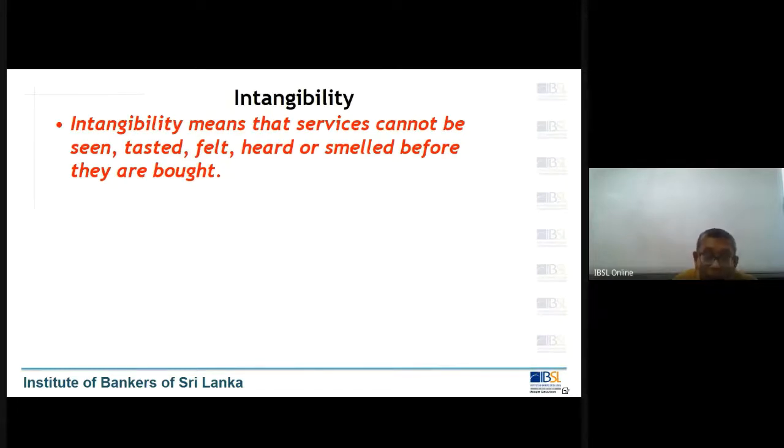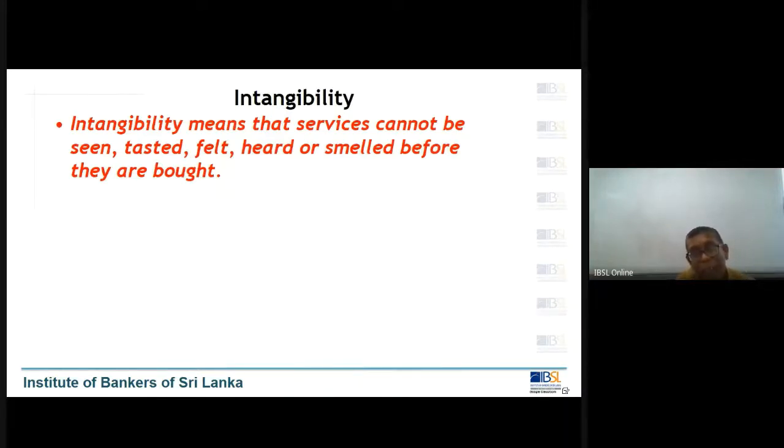As banks, we are all service providers, offering an intangible service or product. What we try to do as bankers is convert the intangible to tangible, to tangibilize. How can you do that?